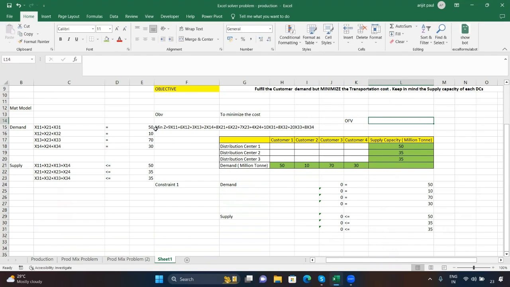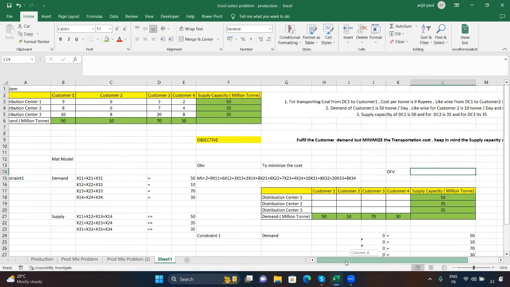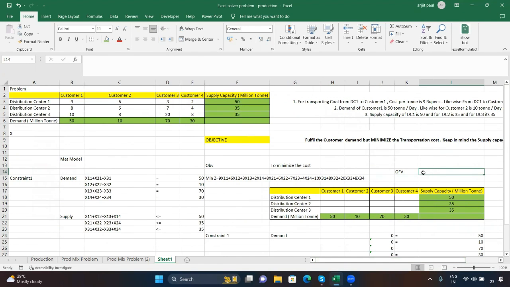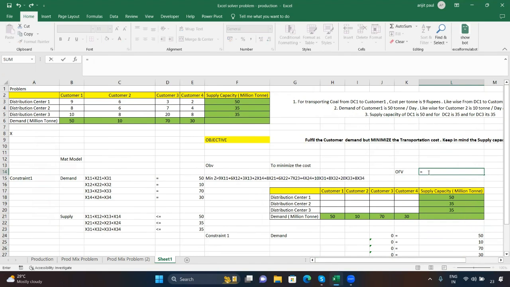So here in the mathematical model, we have already found out the formula for the objective function. So what will be the objective function? Basically, whatever we discussed as of now, we can mention quantity transferred from DC1 to customer 1.